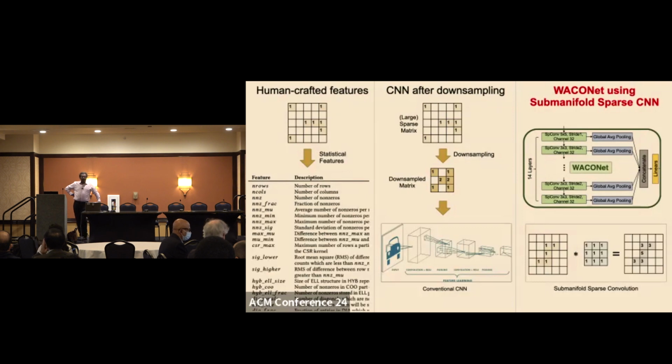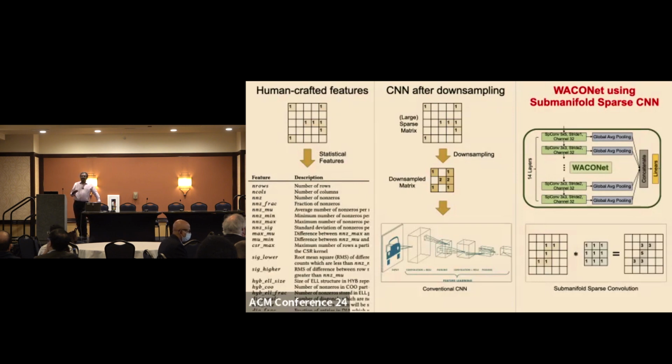So we came up with this network that basically starts doing a convolution at the outermost level. Then we downsample to smaller and smaller matrices, do convolution at every level, and feed everything into a machine learning pipeline.